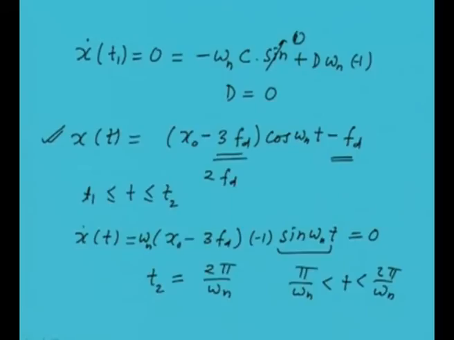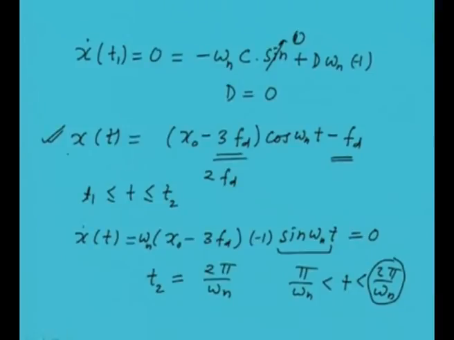And at that time when the velocity is becoming 0, we can get the displacement by substituting time as 2 pi by omega n.